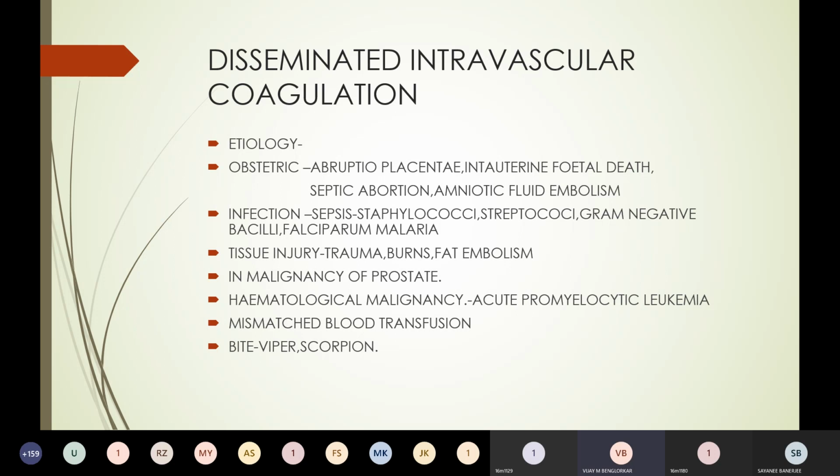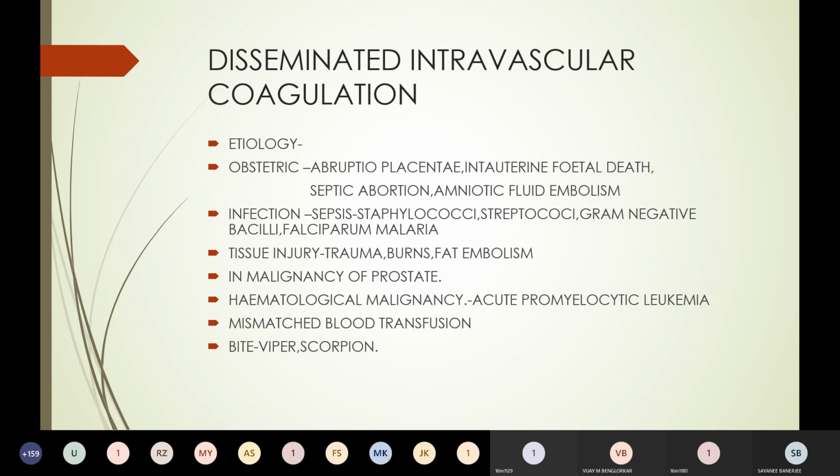disseminated intravascular coagulation. As the name suggests, it is a very big and very problematic disorder where you get coagulation all over the vessels. That's why it's called disseminated. Etiology. So commonly the etiology is obstetric.